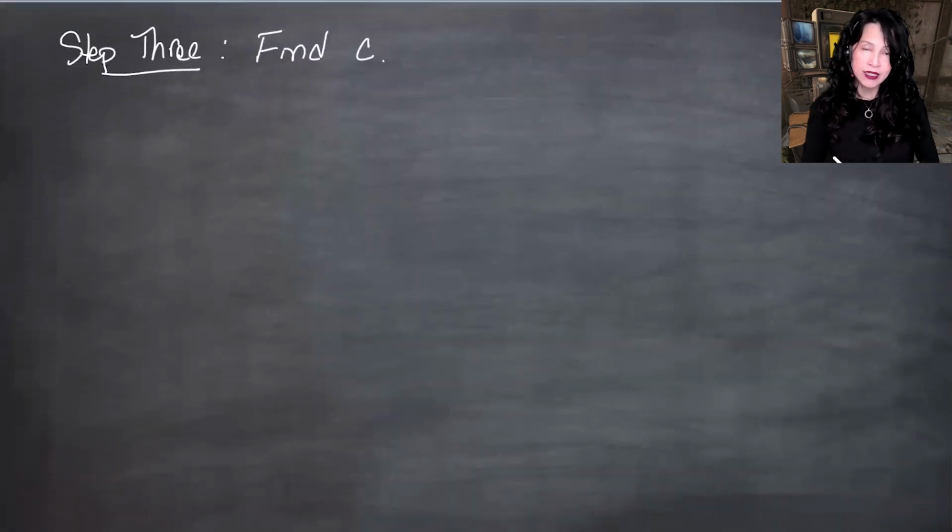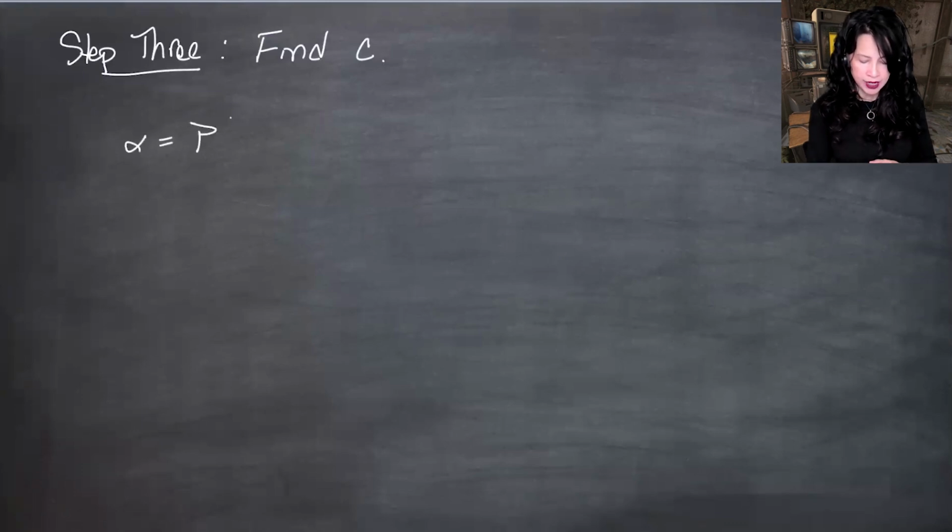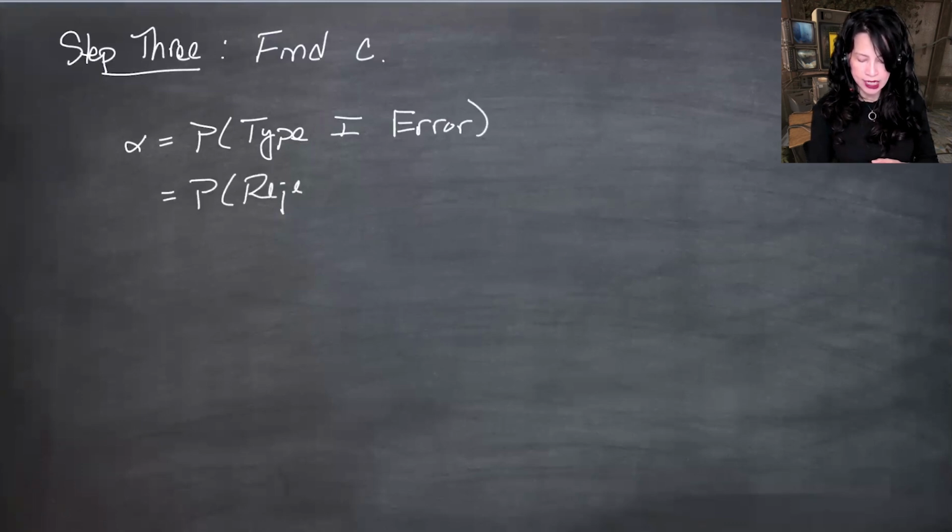We have a simple looking null hypothesis with an equal sign. Alpha was the probability of making a type 1 error. This is the probability that you reject the null hypothesis when you shouldn't have because it's true.